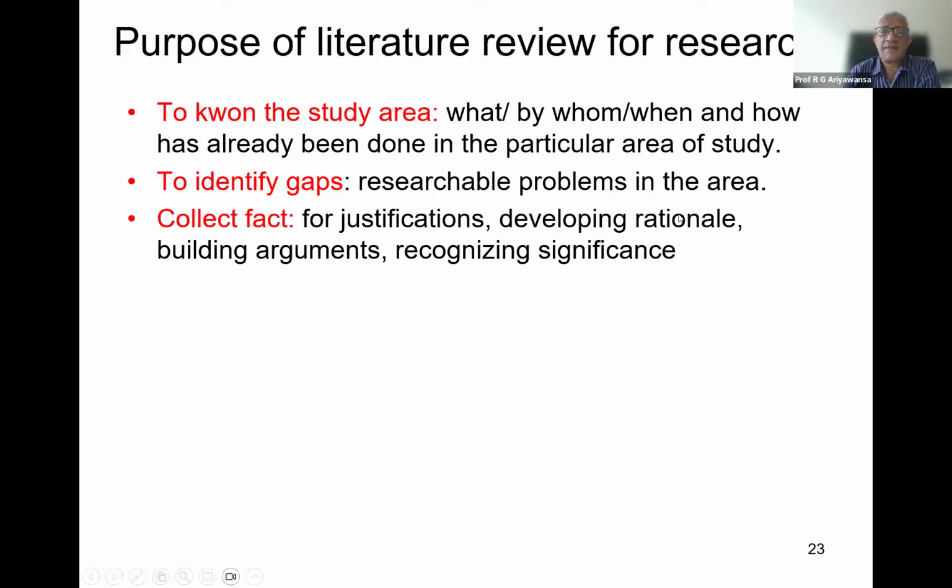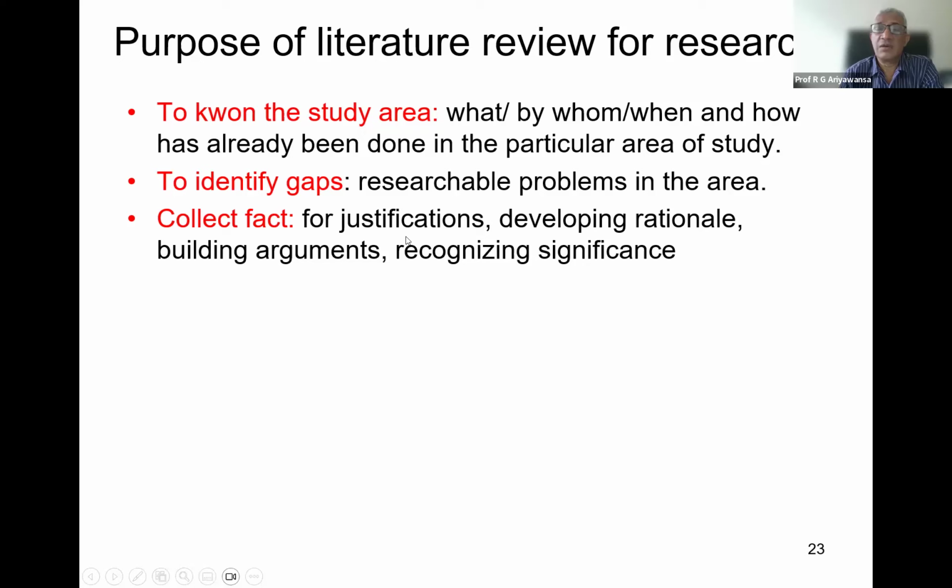Collect facts. So facts or the reasons for different issues. For instance, if you're interested in analyzing the highest and best use of government office space, you have to know the different facts.